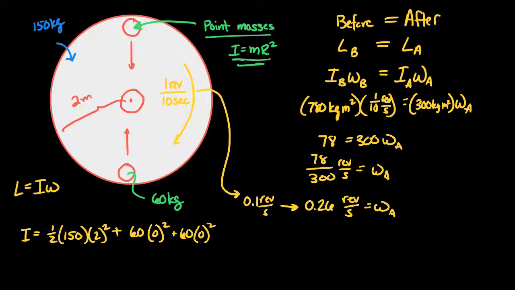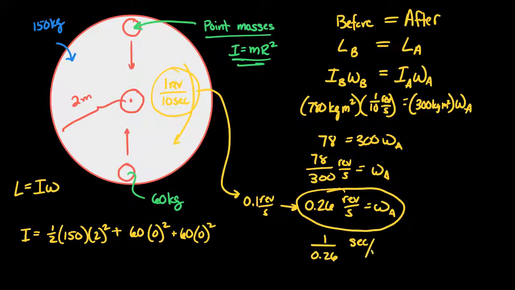Could you see me asking you how long it takes to go around now? I want you to understand that that's a fair question to ask you what the period is. And if the first one was 1 revolution every 10 seconds, do you realize that the inverse of that is 10 seconds per revolution? Do you guys understand what an inverse is? So if I take the inverse of this, which means 1 divided by 0.26, this would be seconds per revolution.